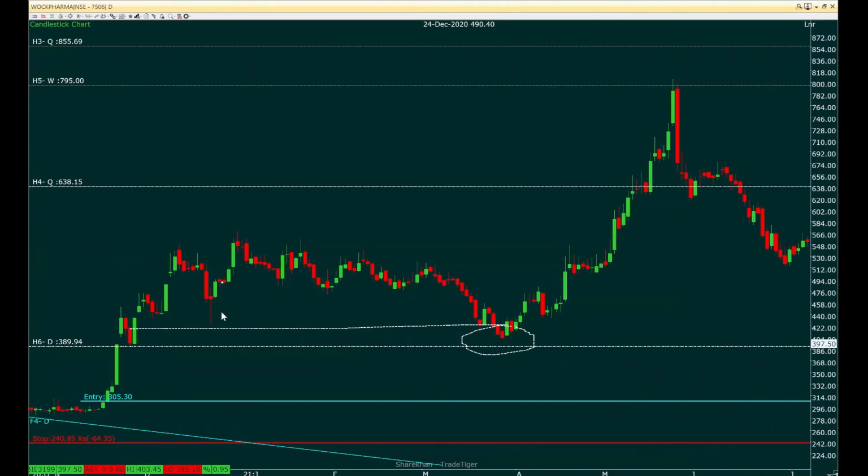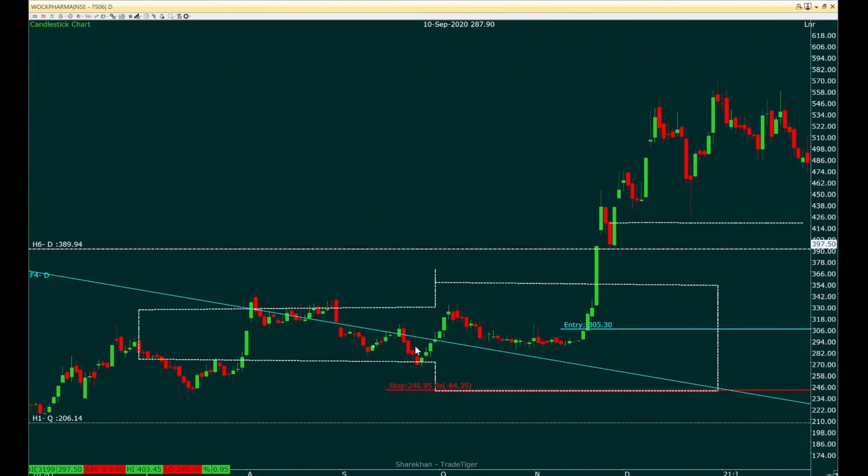If you see this section, which was having a breakout, and then there was a consolidation over a very long period of time, and then price was able to break above and close above this resistance area. What happens in such cases is that price usually tends to test this level to a deeper portion.